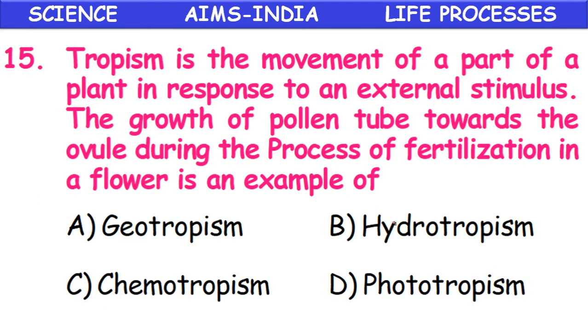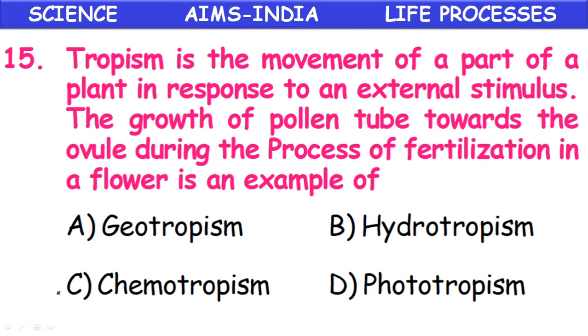Next, tropism is the movement of a part of a plant in response to an external stimulus. The growth of pollen tube towards the ovule during the process of fertilization in a flower is an example of which kind of movement? Geotropic movement, hydrotropic movement, chemotropic movement and phototropic movement.